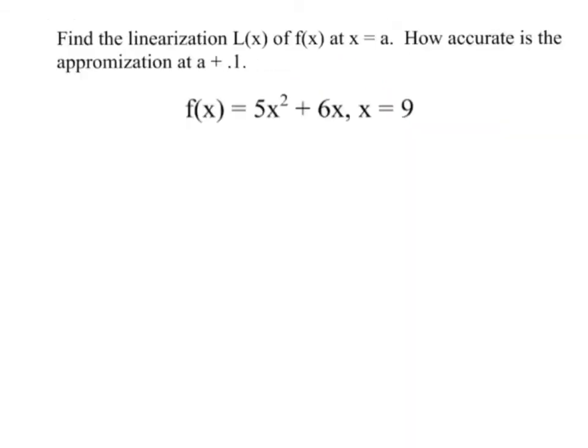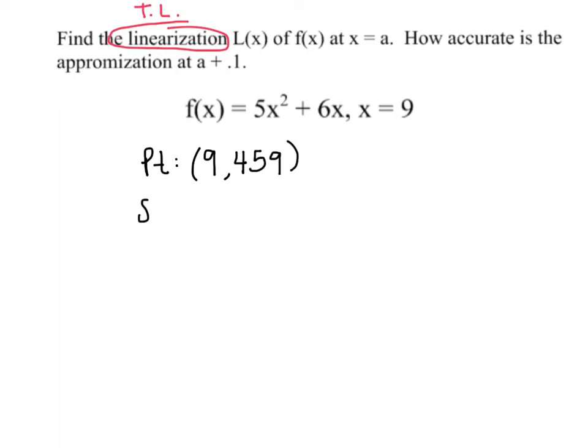Problems in the book are set up like this. It says find the linearization. Okay, remember, this just means tangent line. So let's do that for this function here. We need a point. The point, when we know that x is 9, if I plug 9 in, 5 multiplied by 9 squared plus 6 times 9 is 459.